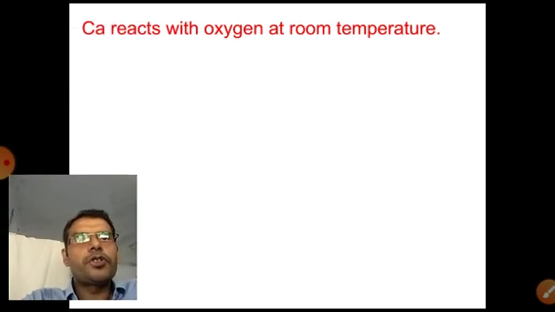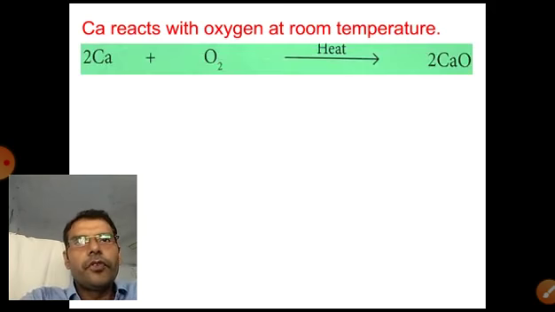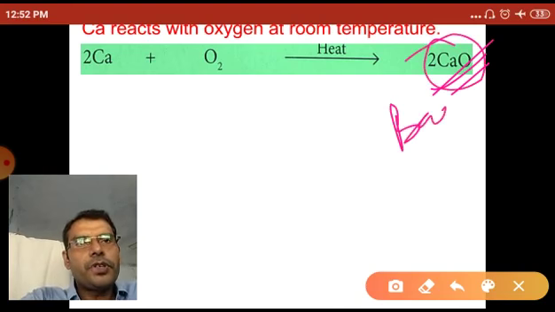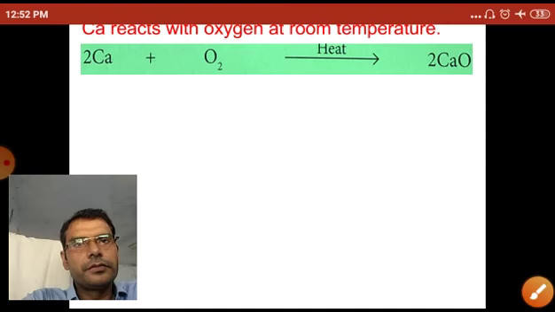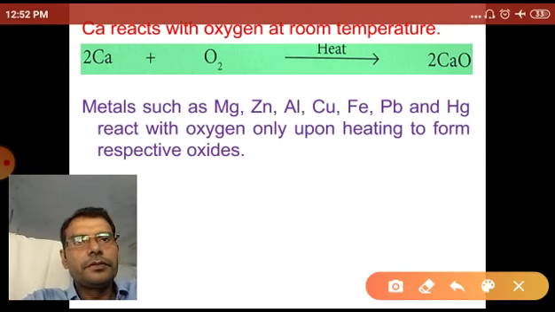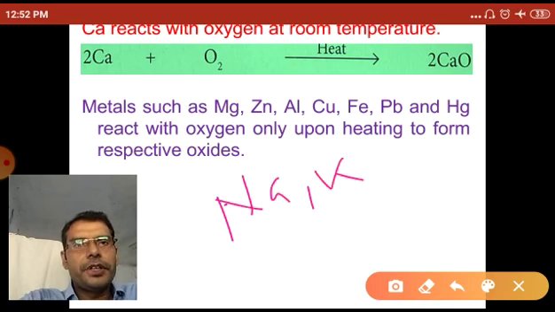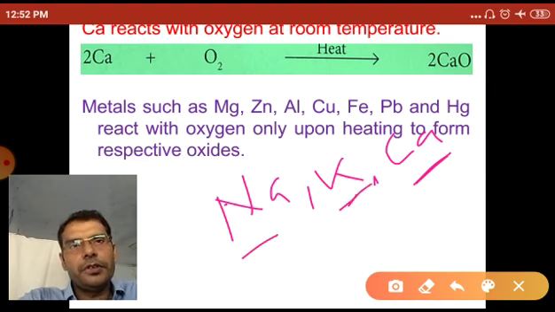Calcium reacts with oxygen at room temperature. It forms calcium oxide, and this calcium oxide is a basic oxide. So generally, the oxides of sodium, potassium and calcium are never stored at room temperature in a safe way.